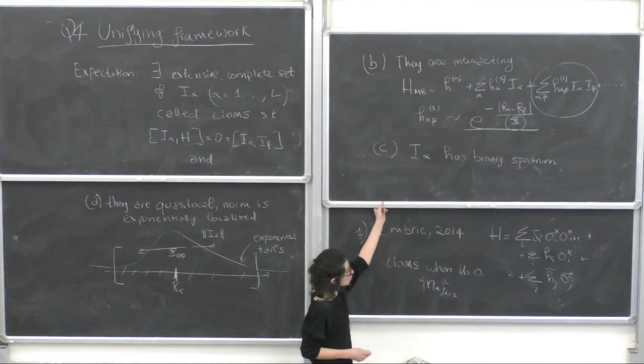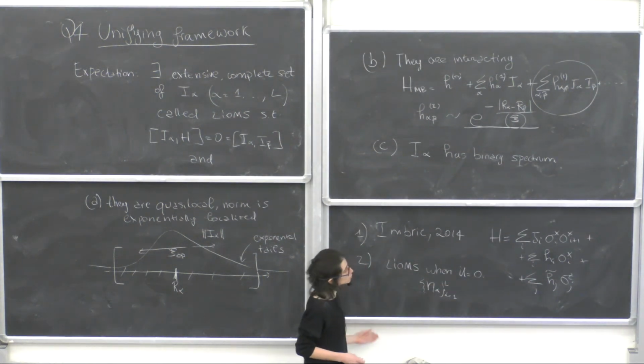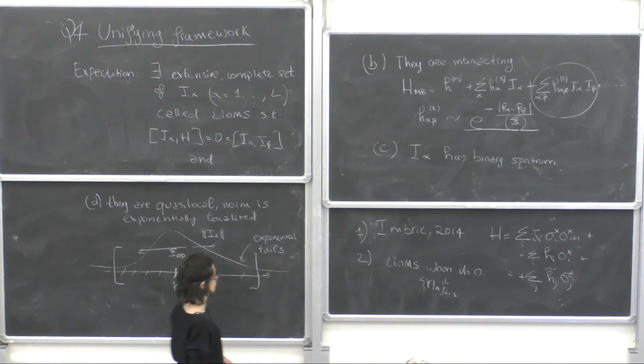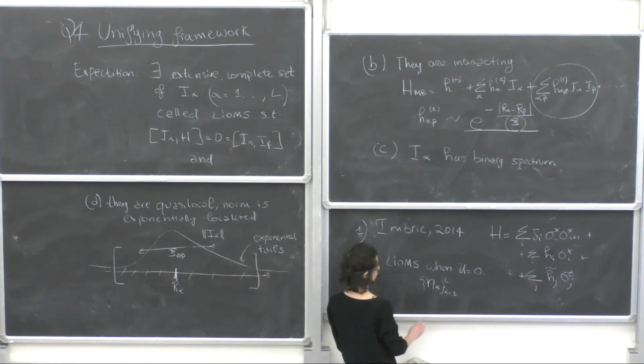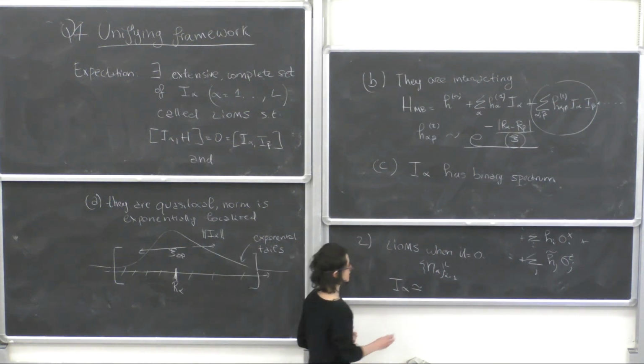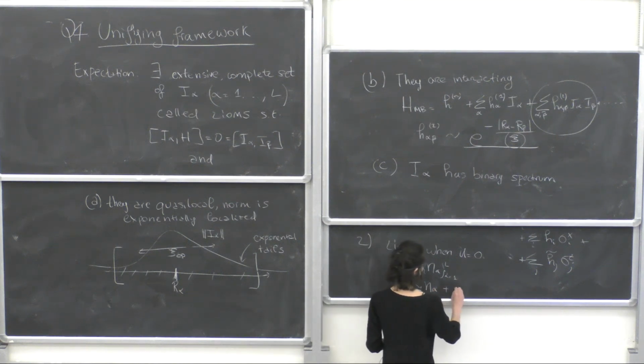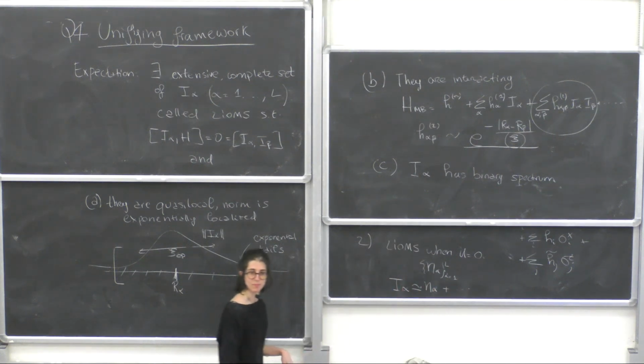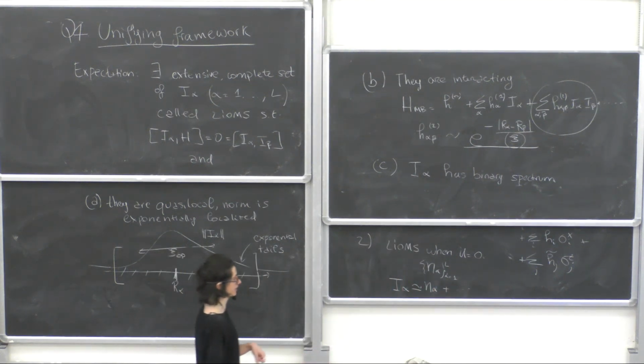So the problem is solved when U equals 0, and then what you do in the generic case in the presence of interaction is to try to dress these occupation numbers. So you would want to write this I alpha as n alpha plus corrections which come from the fact that you have interactions.